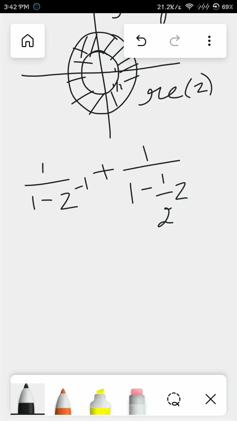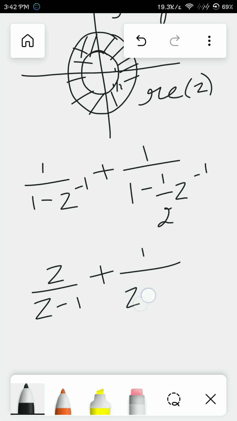If you take this, you are going to get z by z minus 1, plus 1 divided by z minus 1/2. I guess you got it right.